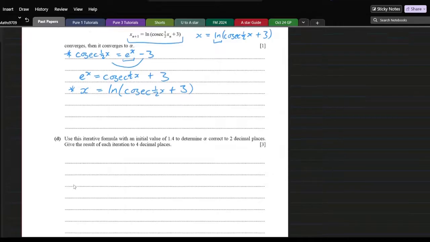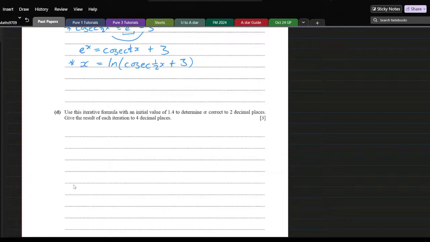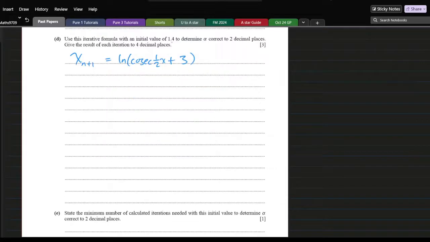And we have proved that these two equations are indeed the same. And then part D goes on to say, use this iterative formula with an initial value of 1.4 to determine alpha correct to 2 decimal places. Alright, so iterative formula is xn plus 1 is equal to ln cosec half x plus 3. Alright, so we've been given our initial value to be 1.4, so let x0 be 1.4.